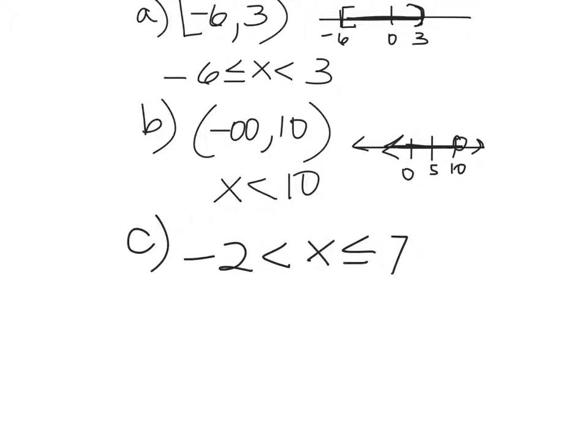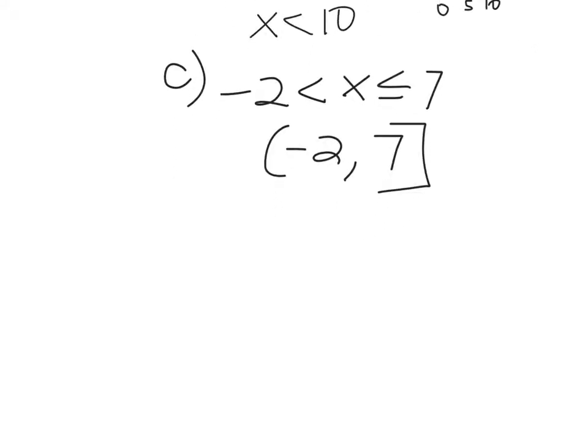Go ahead and translate that or rewrite that into interval notation, if you can. So we'd put a parenthesis at negative 2 and a bracket at 7. Anybody get that? Yeah, good. Okay, and I'm not going to graph it. I've been graphing too much today.